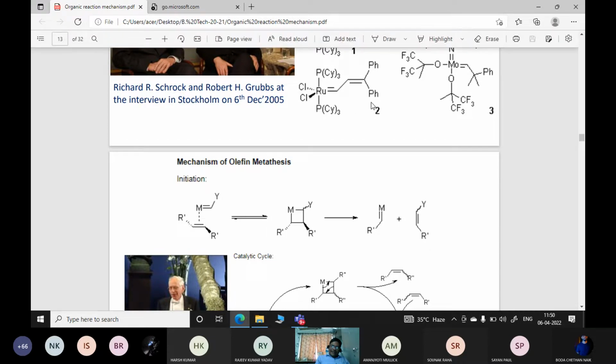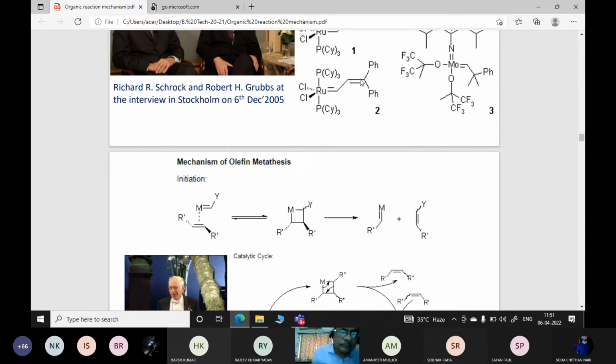So Y means this is the diphenyl, one phenyl benzyl system, benzyl carbene. So M double bond Y means this is the total thing. Actually Y means that substituent, the phenyl carbon-carbon double bond. Okay, am I right? Is it clear?